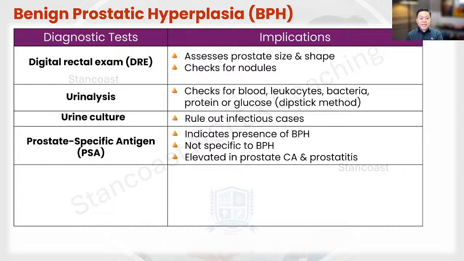Now, another is the other testing such as electrolytes, could be the blood urea nitrogen or could be the creatinine. And these screening tests can also be used for those patients with CKD. If the patient has some associated medical history with CKD, the doctor will have to check the creatinine, BUN, and the other electrolytes.